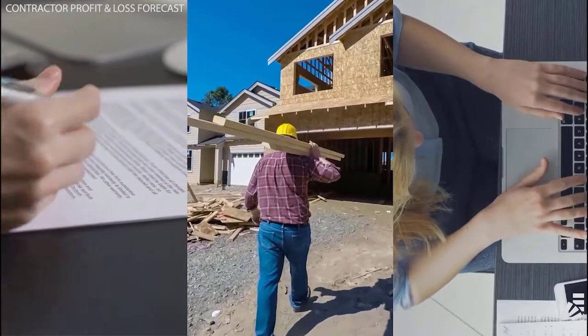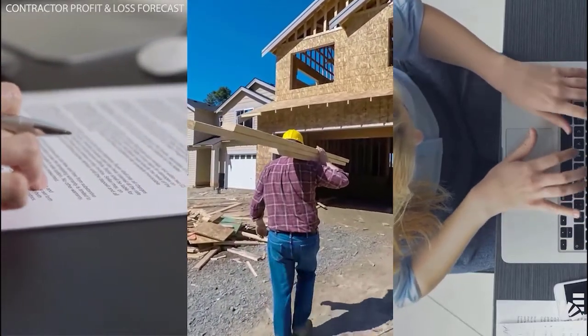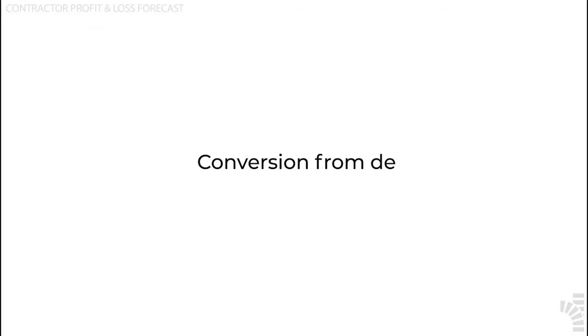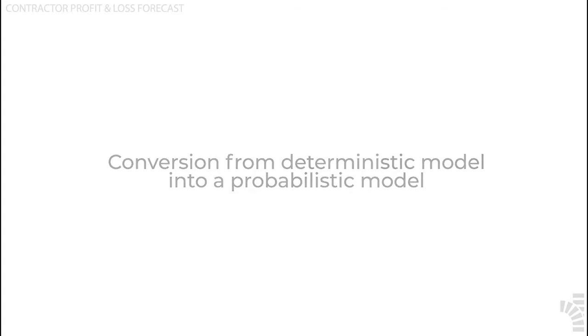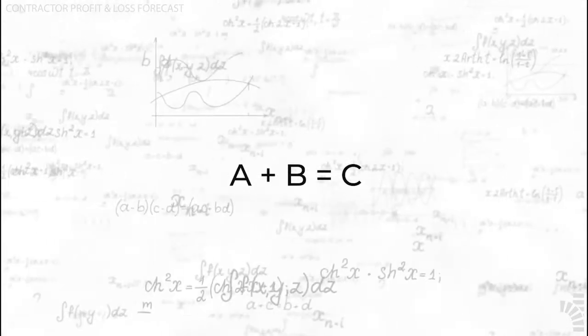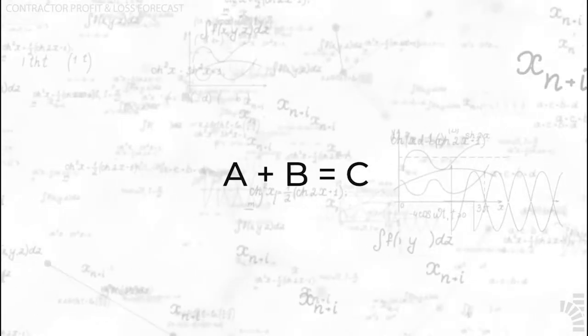In fact, step 2, which consists of inserting distribution functions, converts this deterministic model into a probabilistic one. A deterministic model is essentially a formula. If you always start with condition A and condition B, you will always get result Z every single time.